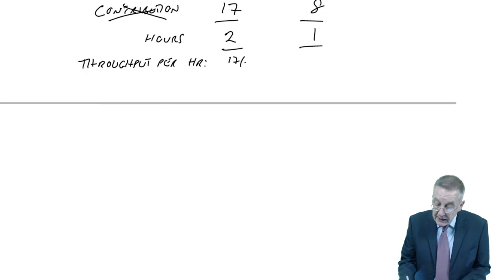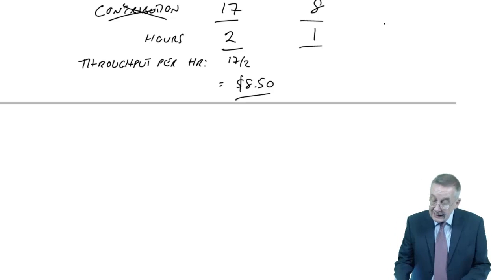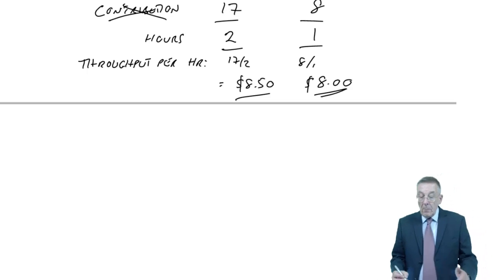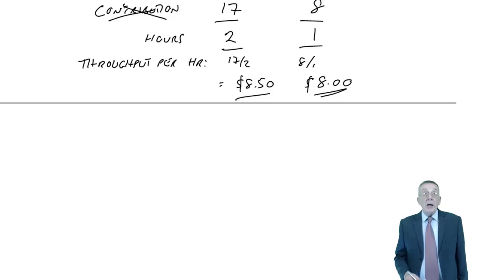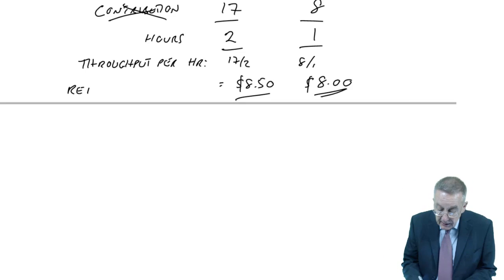For A, 17 over 2 is $8.50 per hour. For B, 8 over 1 is $8 per hour. That's the throughput per hour, or more commonly, we call it the return per factory hour.